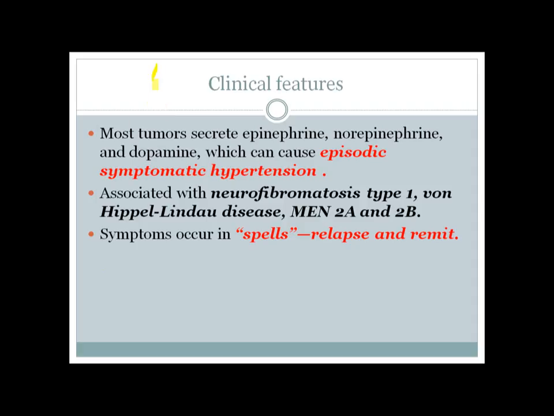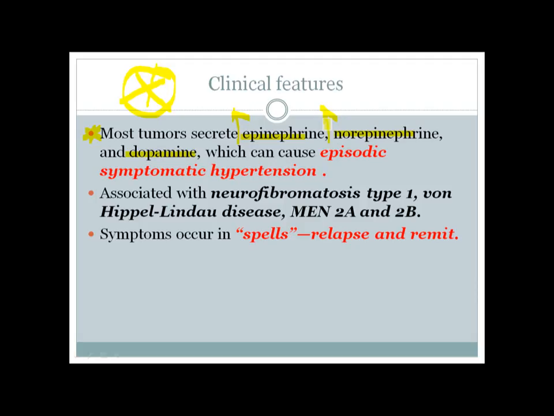So clinical features of pheochromocytoma are very important because it's a very common question in standardized examinations or licensing exams. The clinical features depend on the secretion of epinephrine, norepinephrine, and dopamine from the abnormally proliferating chromaffin cells. So the level of those hormones goes up.